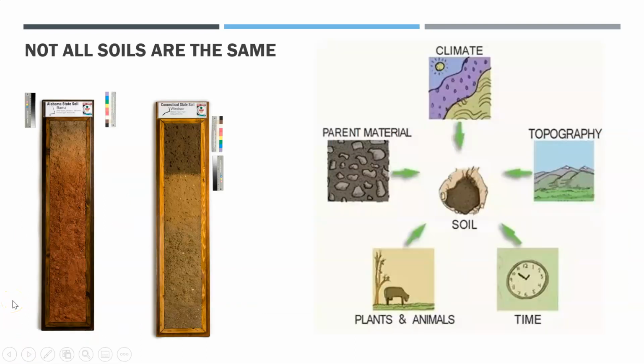So not all soils are the same. We can see here we have the Alabama state soil, looks very different when compared to the Connecticut state soil, which is very dark brown on top and then has a light brown layer down below, versus the Alabama soil, which is much lighter here and then turns to a red. So soils are formed based on a couple different processes. One thing that impacts the soil is the climate.